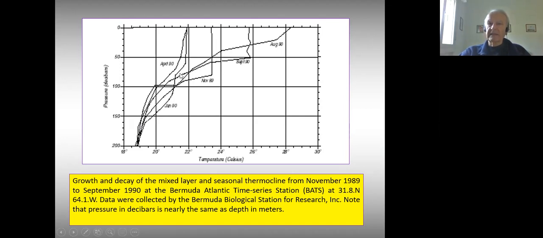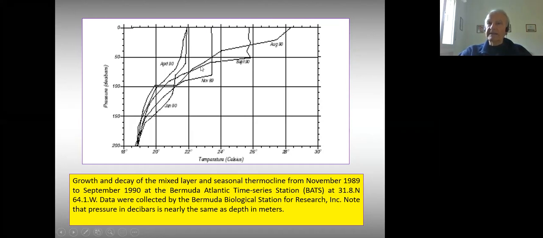This layer, from about 50 meters to about 100 meters, where you have a strong vertical gradient of temperature, strong changes of temperature with depth, is called the thermocline. The thermocline is the layer of maximum vertical gradient of temperature. And then you have almost constant temperature with depth below 150 meters.